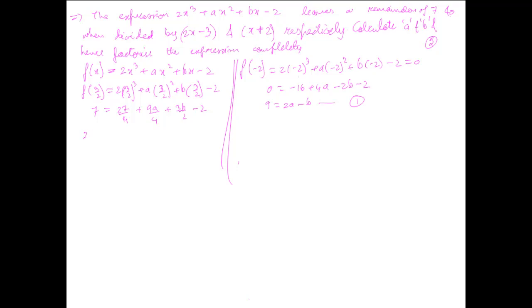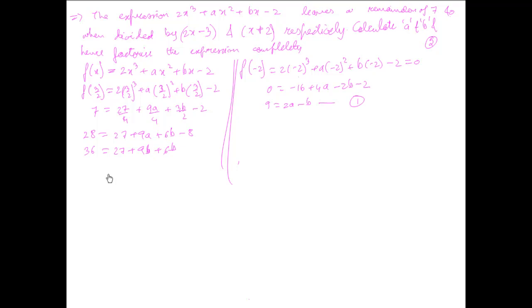Children, multiply everything by 4, so you get 28 is equal to 27 plus 9a plus 6b minus 8. Bring everything on this side, children, so we get 30 minus 6 is equal to 27 plus 9a plus 6b.